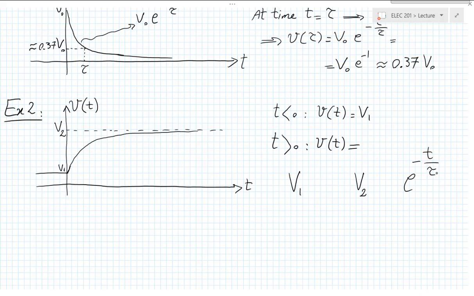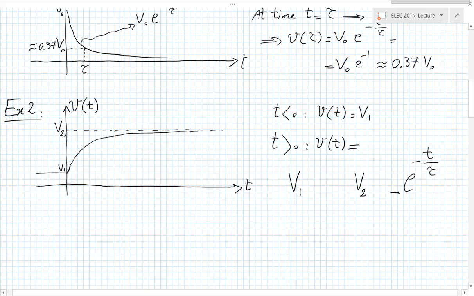Now, something like this, e to the minus t over tau, does this grow with time or become smaller with time? Become smaller, right? So my function is growing with time. So what should I do to this so that it represents something that becomes larger with time? Put a minus sign in front of it, right?